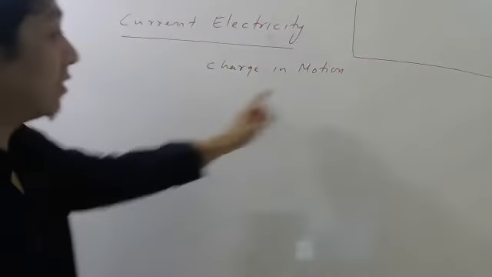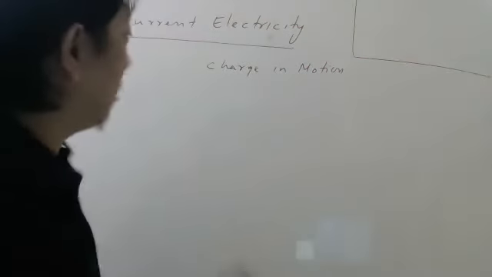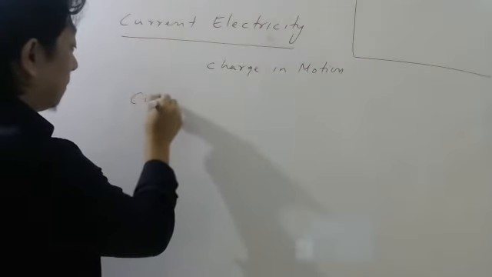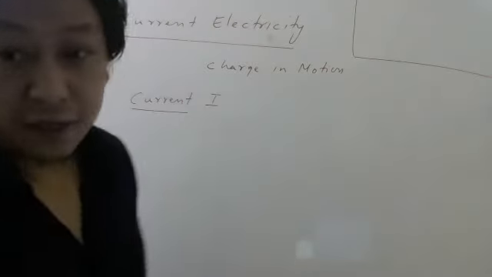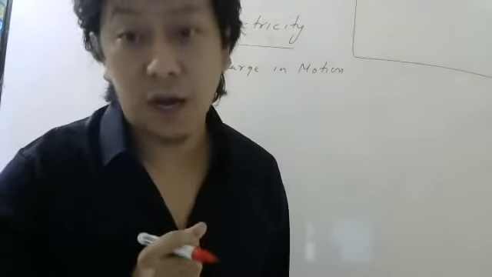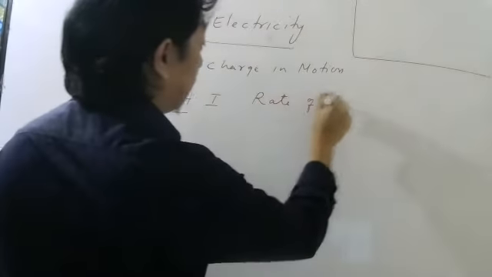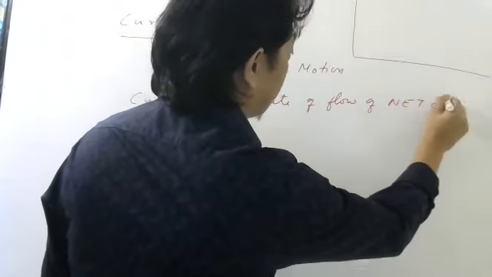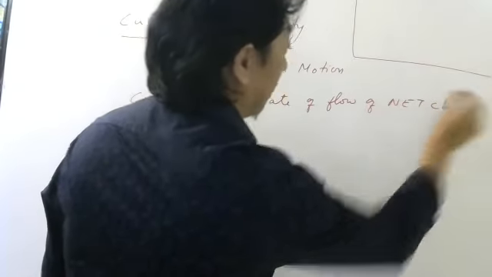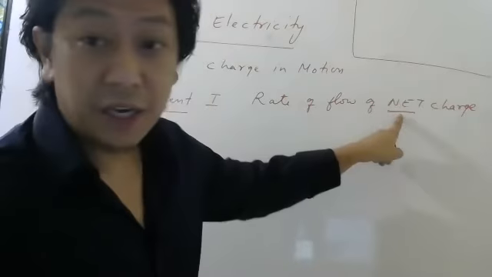And when a charge is in motion, it constitutes what we call current. So the first thing we should define is current. The definition of current, in words, is the rate of flow of net charge. There has to be this word net.